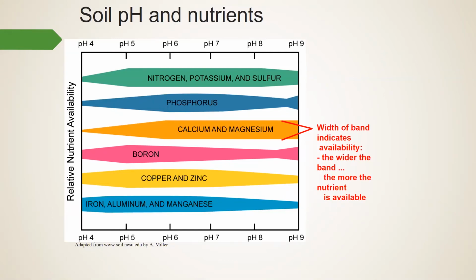They're held very strongly to those exchange sites and can't be absorbed by plants. We can see in this availability range that it makes sense that plants typically like the range from 6 to 7, because that's where almost all of the critical plant nutrients are available. It works out perfectly that way, whereas if we get down into these lower pHs, things lock up and become more unavailable.